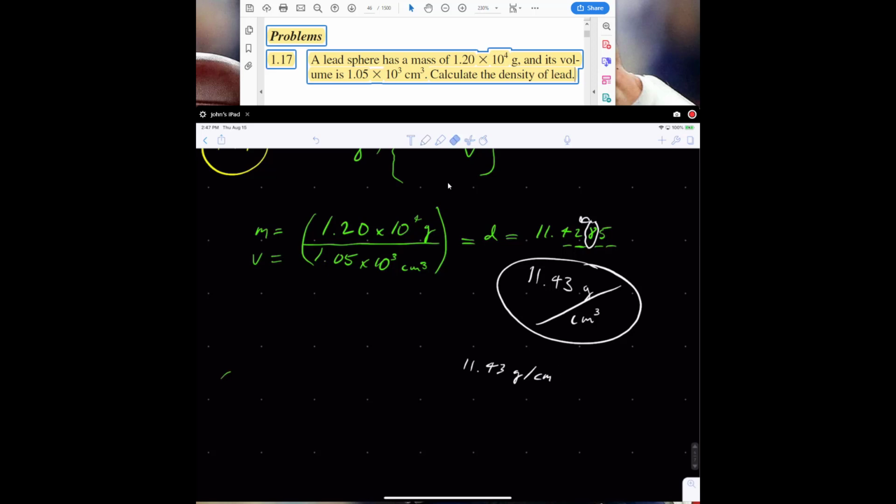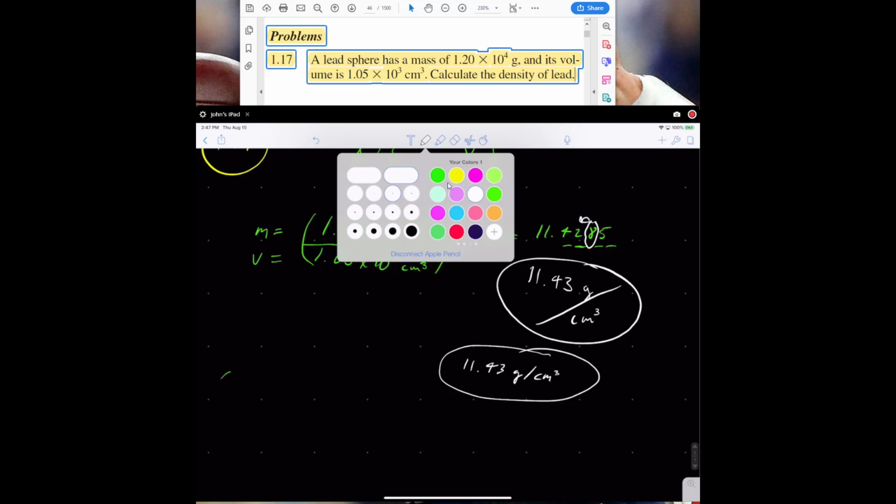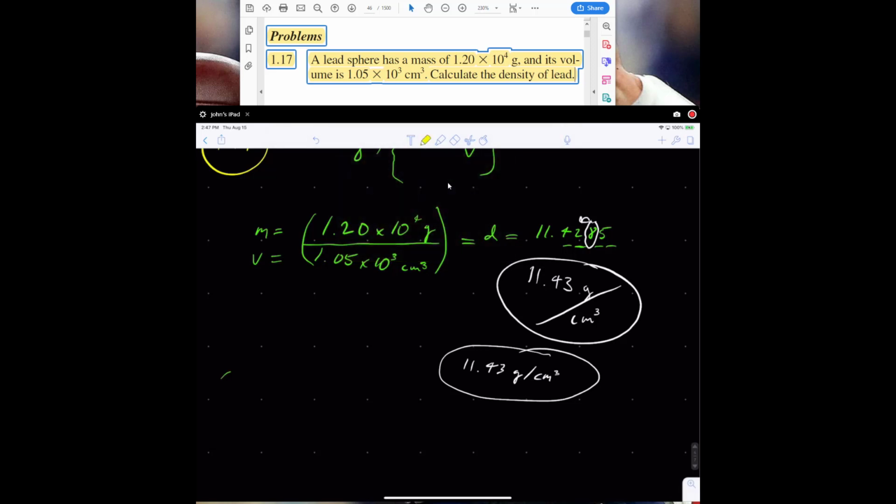This is our answer. And looking on the solution, that's right. So that's as easy as it gets, pretty much. It's straightforward.